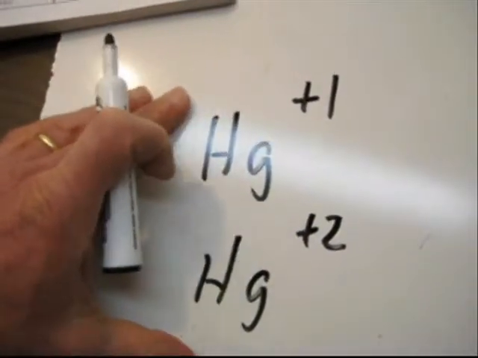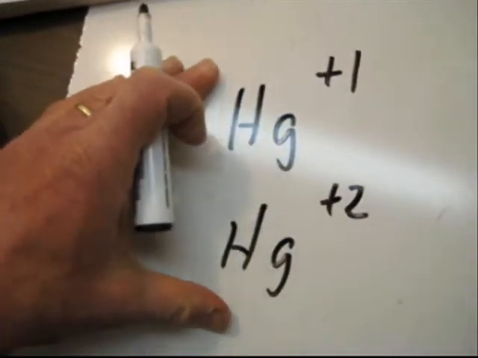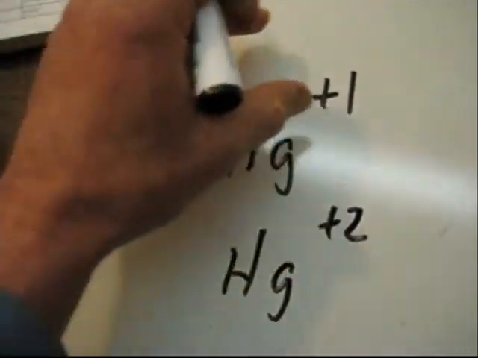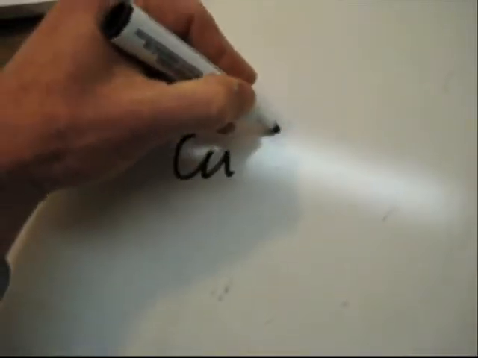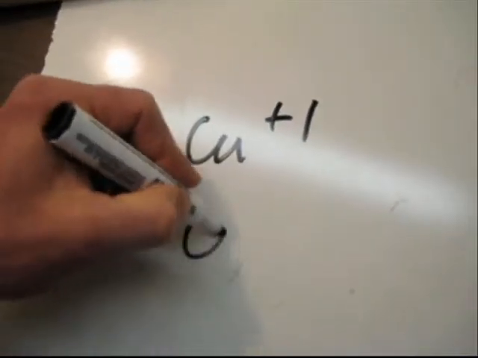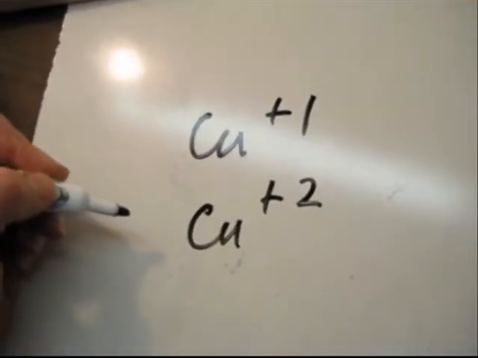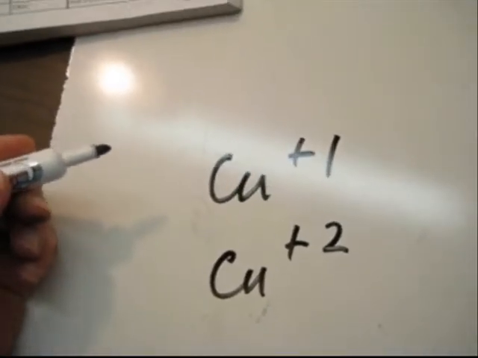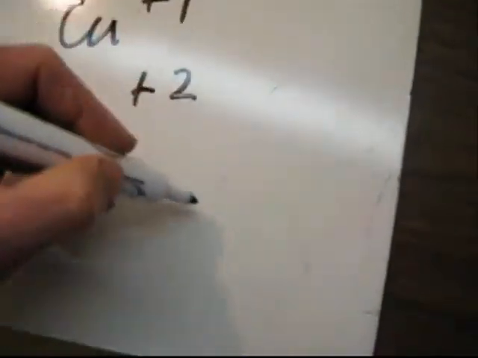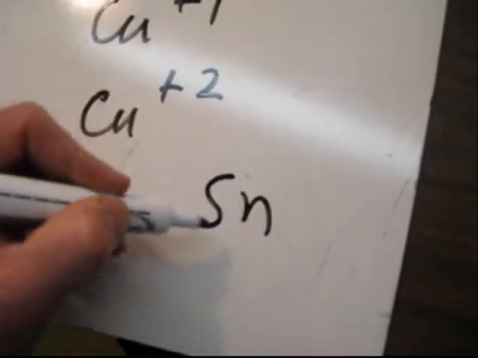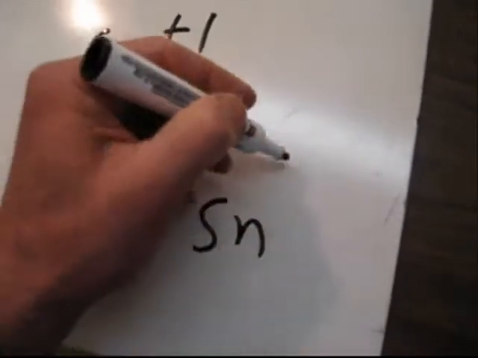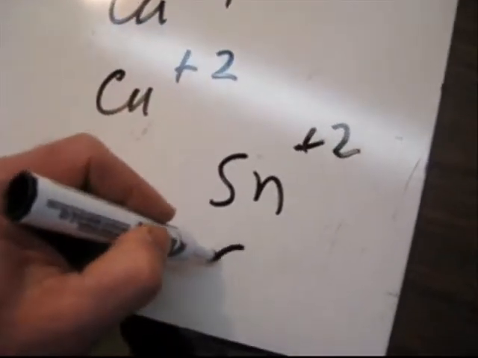So these, in a sense, are really easy to know. The Roman numeral tells the charge. So we have copper 1, copper 2. Copper 1 is just going to be Cu plus 1, and copper 2, Cu plus 2. Okay, tin 2 and tin 4. Tin, I say, is Sn. Tin 2 is Sn plus 2.